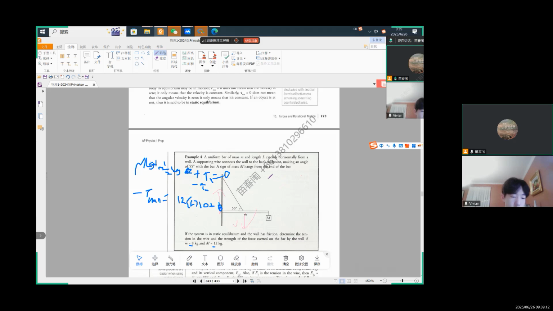So basically, what do you say? Torque equals, well, one is negative, then the other is positive: MGL plus 1 over 2 MGL, right?